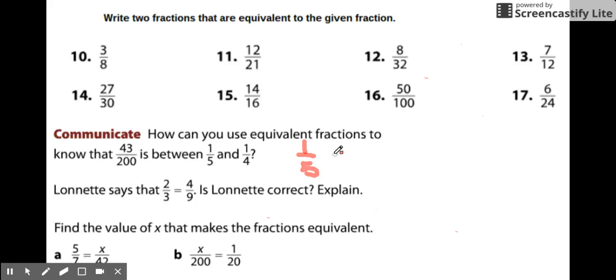If I were to get 5 to be 200, I would have to multiply it by something. So for 5 to be 200, I have to multiply by a very large number.